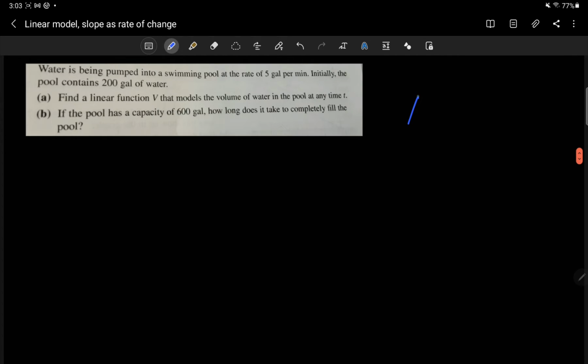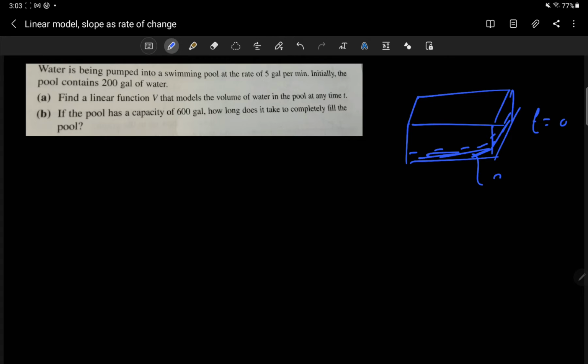So say we have a swimming pool, and initially, so at t equals 0, there's already some water in it. How much? 200 gallons. So we need a function. Let's say this function is linear and it's given by, okay, let's stick with mx plus c because we're more comfortable with that.